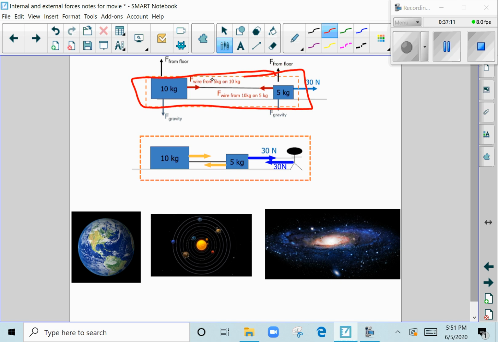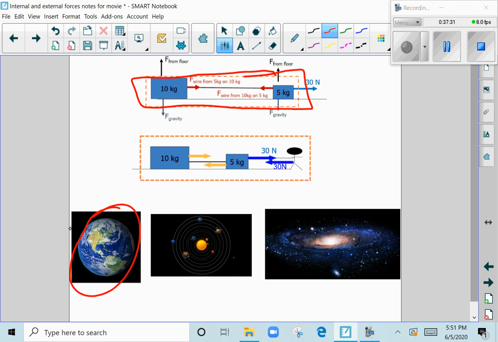But there are going to be consequences for all the forces. The bottom line is we could view our system as the entire Earth, which means every single force acting on the Earth, coming from the Earth or within the atmosphere, are all internal forces that all cancel out.